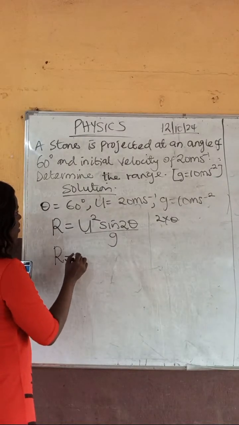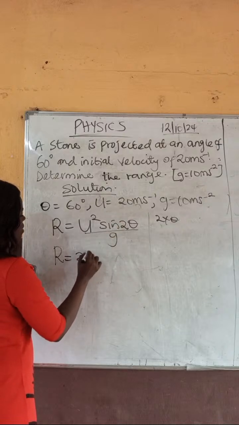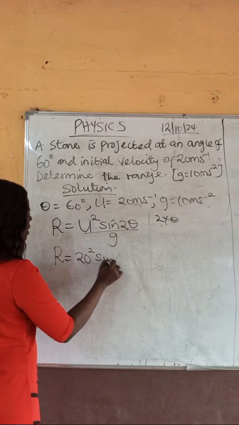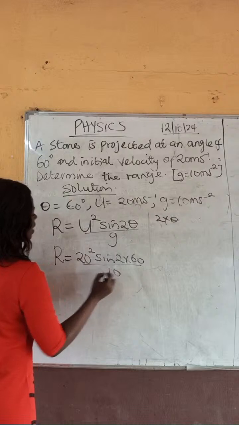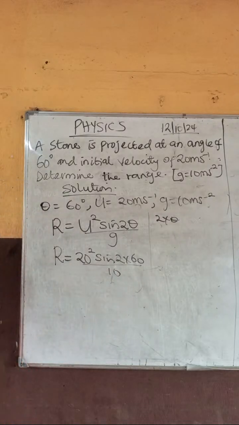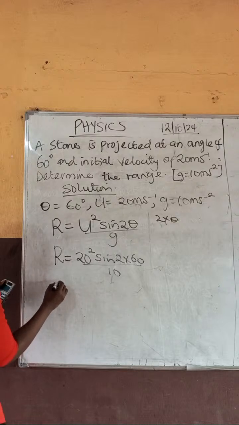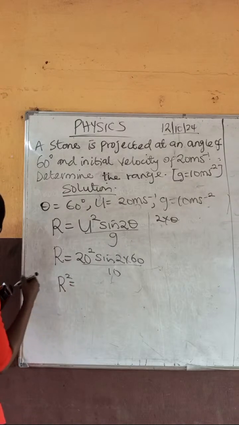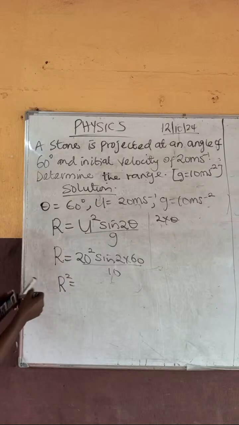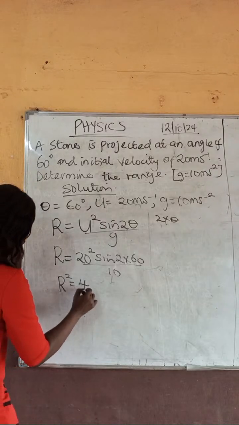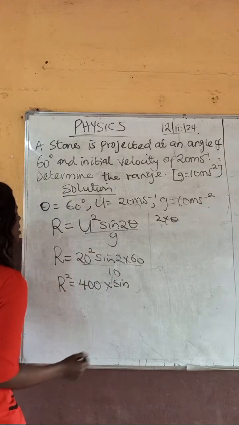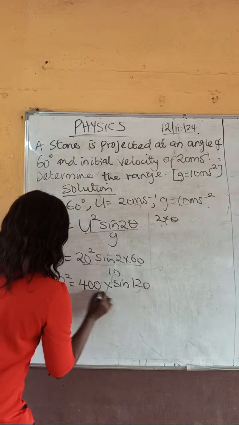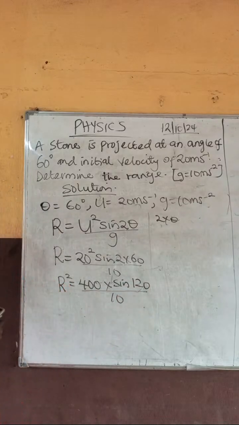My u is 20 square, sine 2 times 60, divided by 10. So I have R is equal to 20 square, which is 20 times 20, giving me 400, times sine of 2 times 60, which is 120, divided by 10.